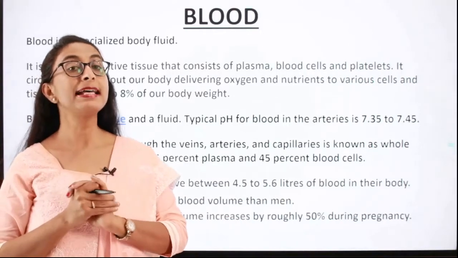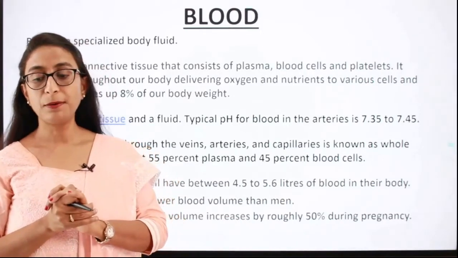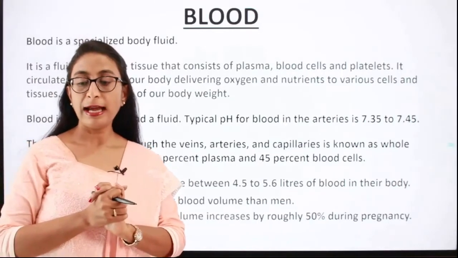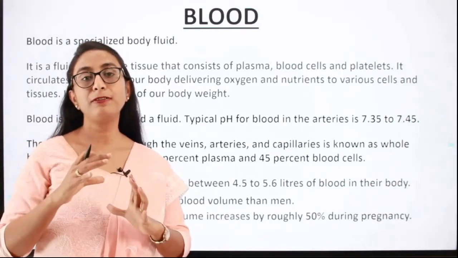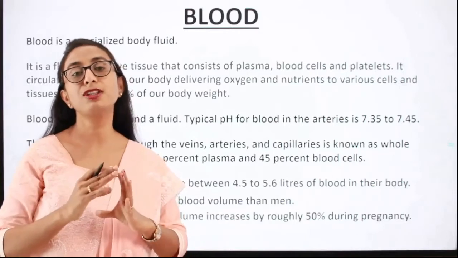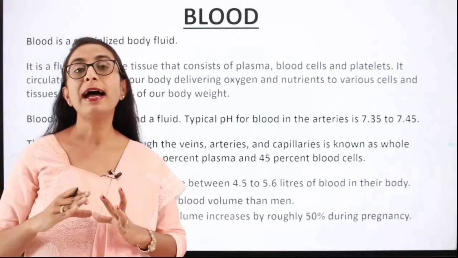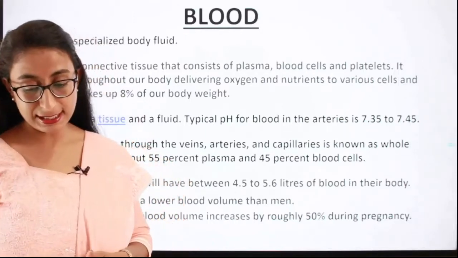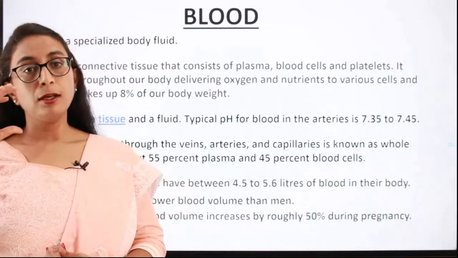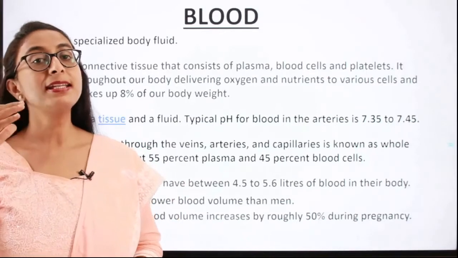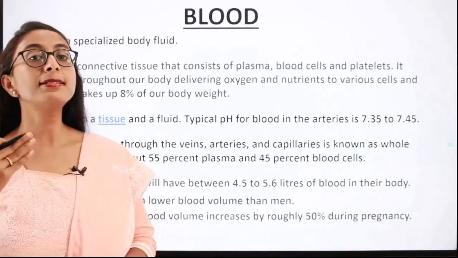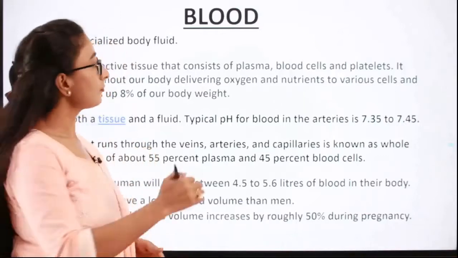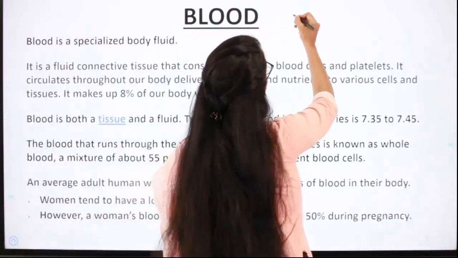Blood runs through veins, arteries, capillaries, and around 55% of blood is composed of plasma and 45% of it is composed of blood cells. The blood cells, that is RBC, WBC and platelets, are also called formed elements of blood.